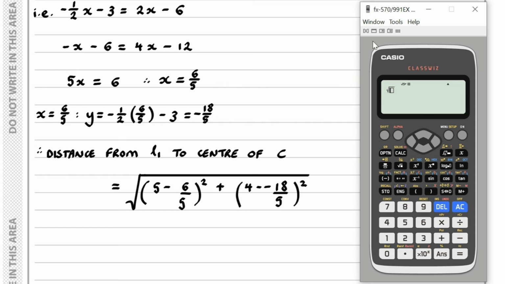So if we work this out, we get an answer then of 19 root 5 over 5.